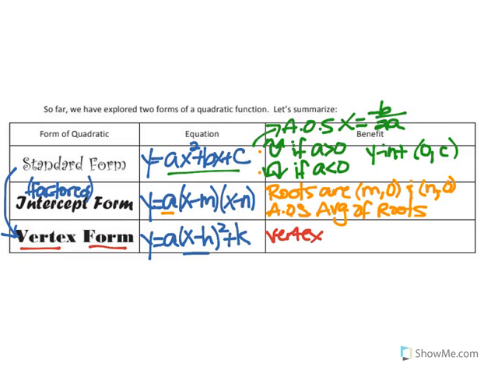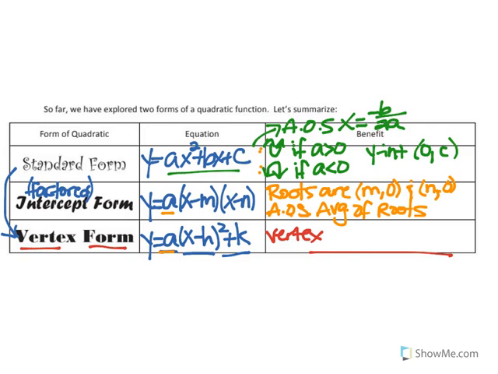I've written it as a perfect square trinomial. We've compensated by adding or subtracting something, and we've factored out a leading coefficient of a. So again, this is the very same a that will tell us whether it opens up or down, whether it's positive or negative. That number in front is still going to tell us that. And now the vertex is going to be, well, we'll fill this out in a second.